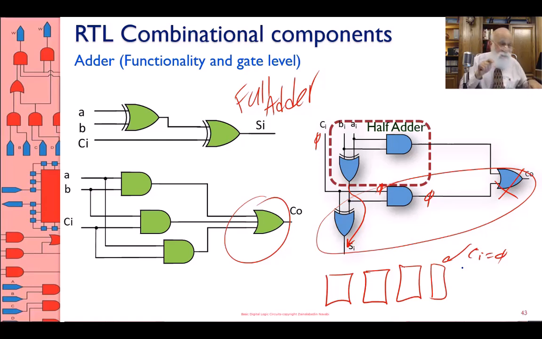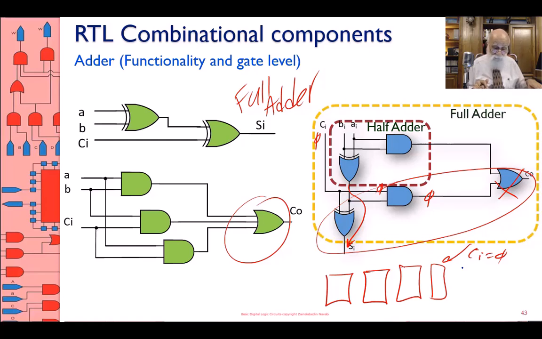And this is the incrementer that can be built using half adders. There is no point in using an adder and putting only a 1 for the input of the circuit.